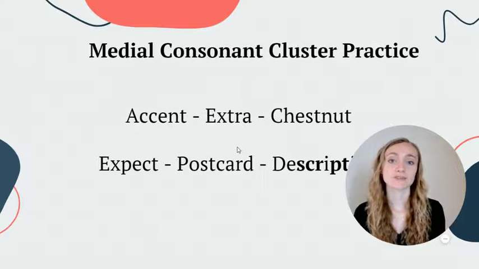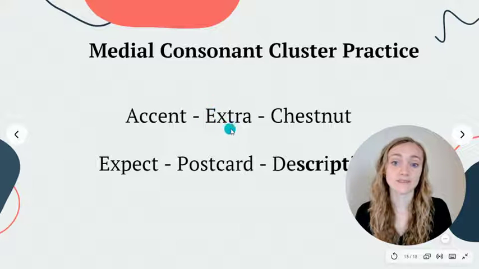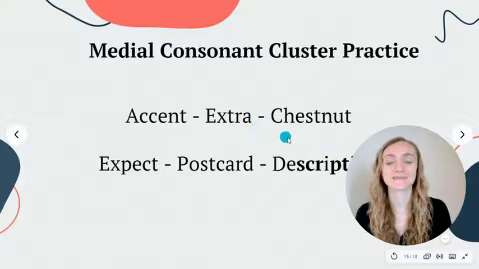So an X is actually representing these two sounds together. X, X, extra. So here we have the X plus a TR, which will make a tr sound. Extra, extra. Okay, great job.